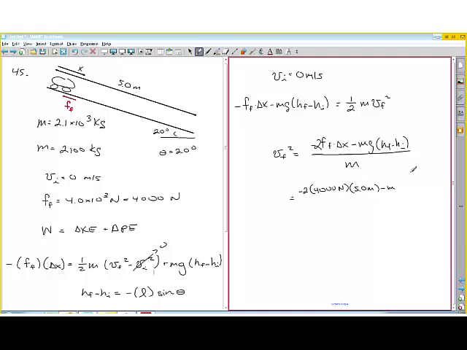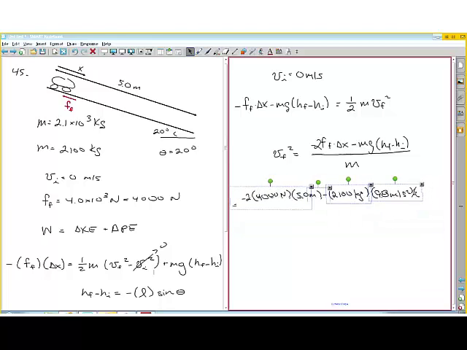Minus m, which is 2,100 kilograms. Times g, which is positive 9.8 meters per second squared, times h final minus h initial.